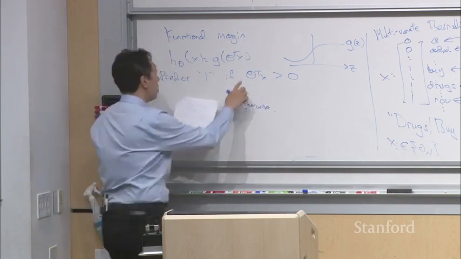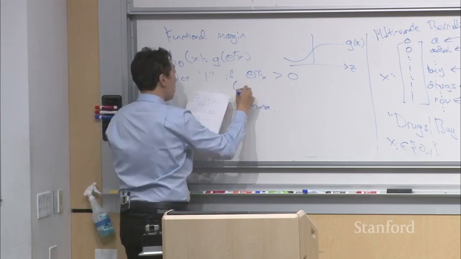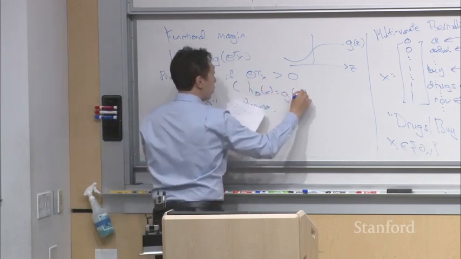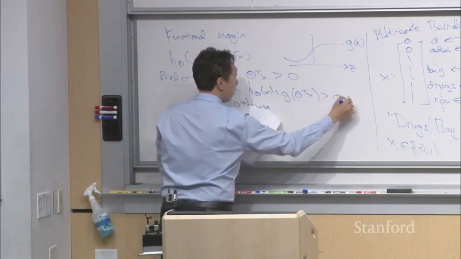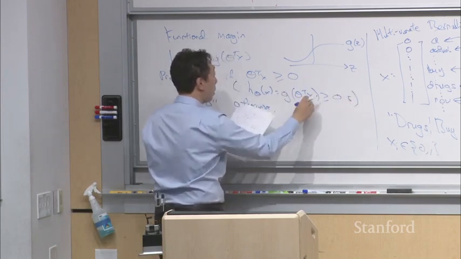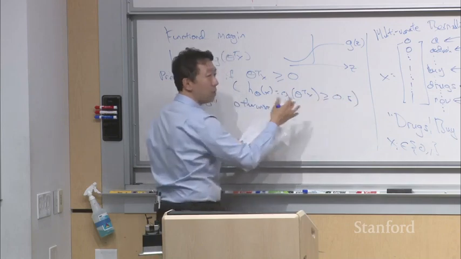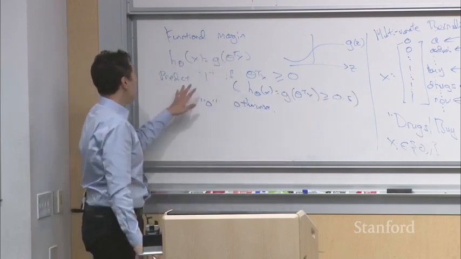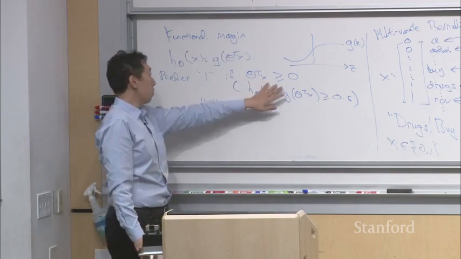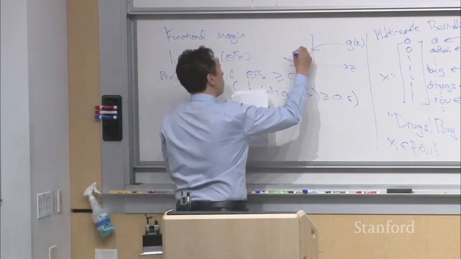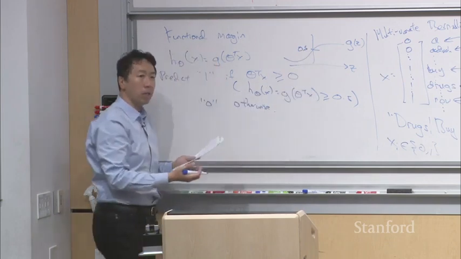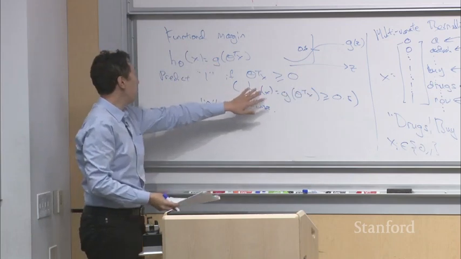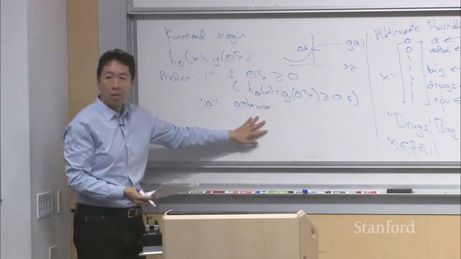Because theta transpose x greater than 0 means that g of theta transpose x is greater than 0.5. You can have greater than or greater than or equal to, it doesn't matter. If exactly 0.5, it doesn't really matter what you do. So you predict 1 if theta transpose x is greater than or equal to 0, meaning that the estimated probability of the class being 1 is greater than 50-50. And if theta transpose x is less than 0, then you predict that this class is 0.